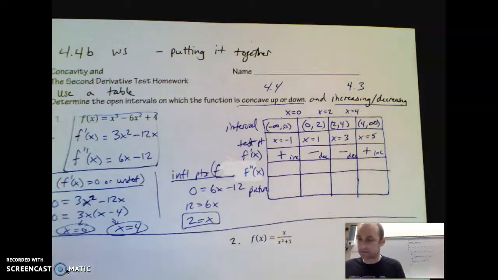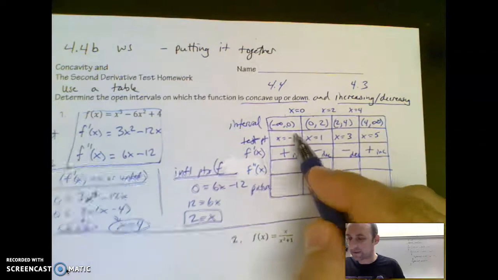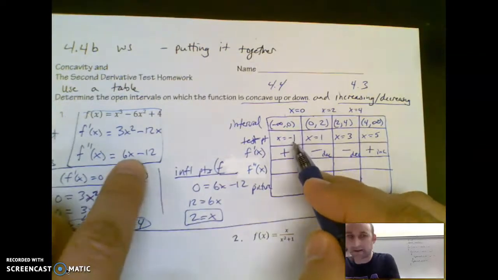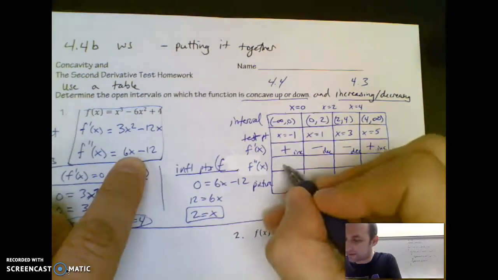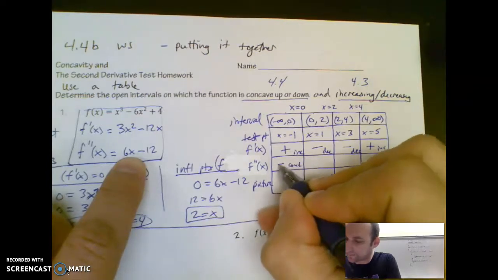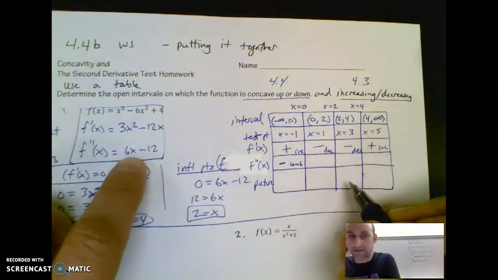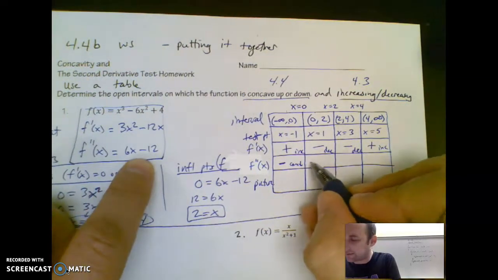So I'm going to do the same exact thing with this test point, but I'm going to be plugging it into the second derivative. So if I put a -1 in here, I get -6 minus 12, which is still negative. That's concave down. Okay, if I put a +1, I get 6 minus 12, which is negative.